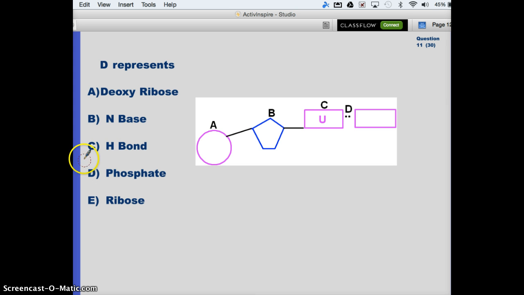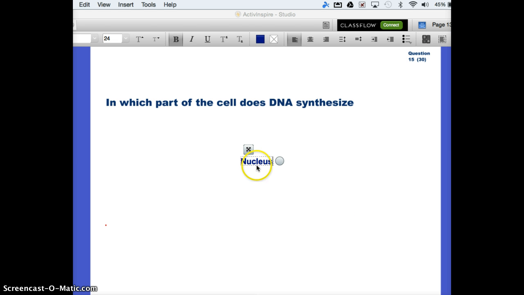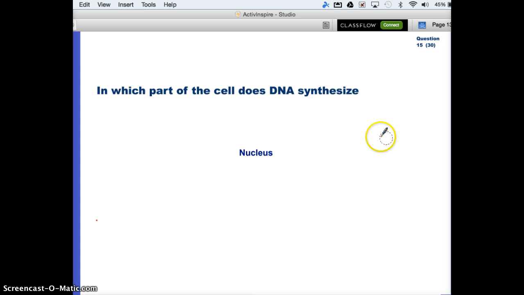D is your hydrogen bonds, which holds one side of a nucleotide to the other, or connects the N bases. So DNA synthesizes in the nucleus of a cell during the S phase of the cell cycle.